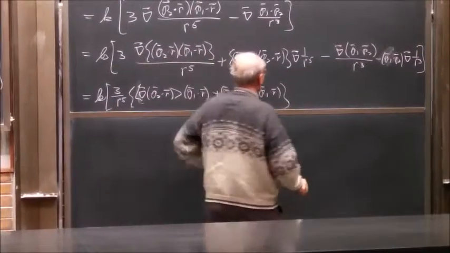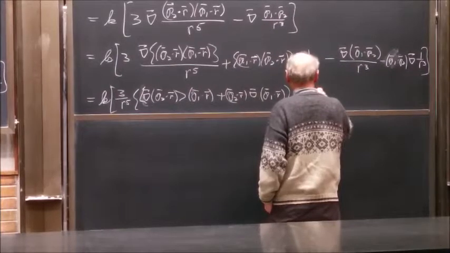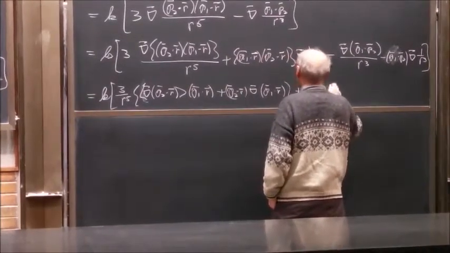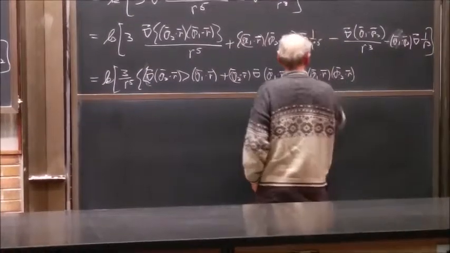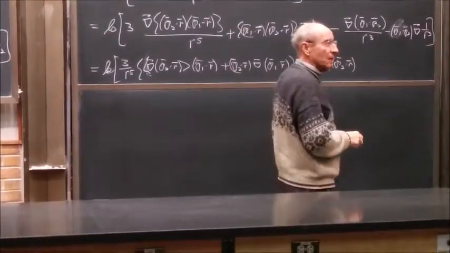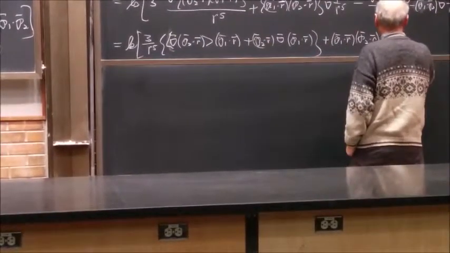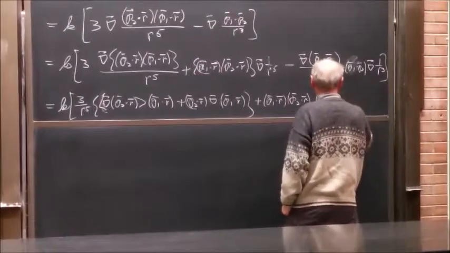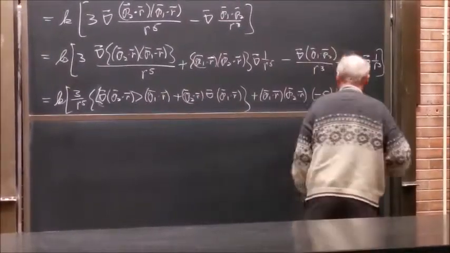Now we got this one. That'll be plus (P1 dot r) times (P2 dot r) times the gradient of 1 over r to the 5th. But that is just minus 5, 1 over r to the 6th, r hat.